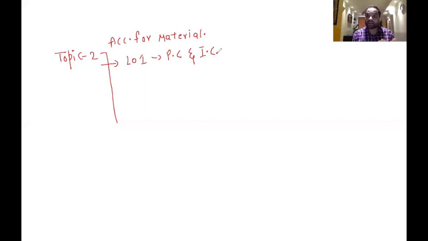That's the meaning of physical control. True or false? The answer is false, because maintaining appropriate quantity of material is called investment control, not physical control. Right? So make sure you find the difference between physical control and investment control.